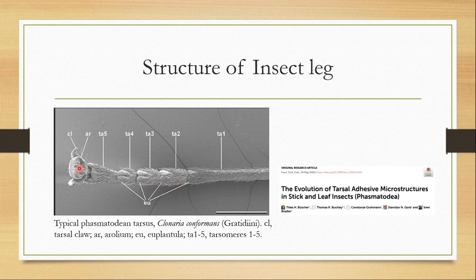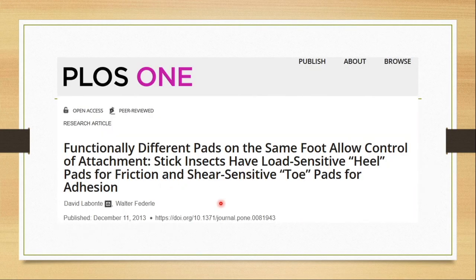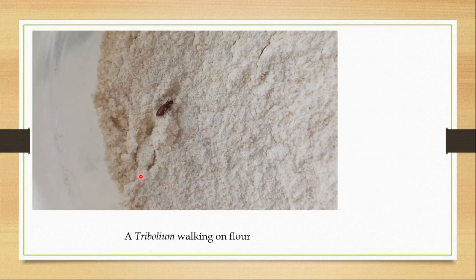We can also see the arolia and the claws here. Some scientists have shown that functionally different pads can be present in the same foot in some insects for friction and for adhesion. Now I want you to look at this video.